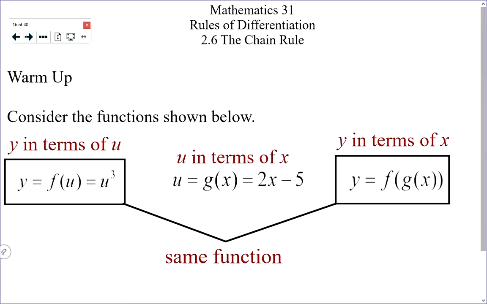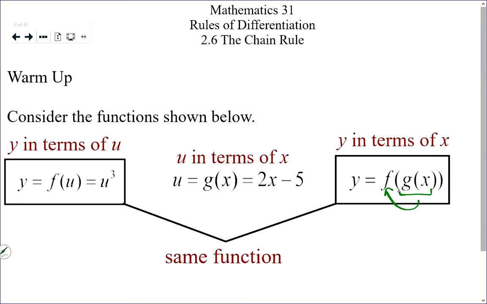This is saying to find y, you cube u. Well, u is g of x. This is saying to find y, you put g of x into f. Well, that means g of x is going to go in here wherever there's a u. So this is where the idea of a composite function comes in. Those of you taking 30-1 with me right now don't know what I mean when I say a composite function.